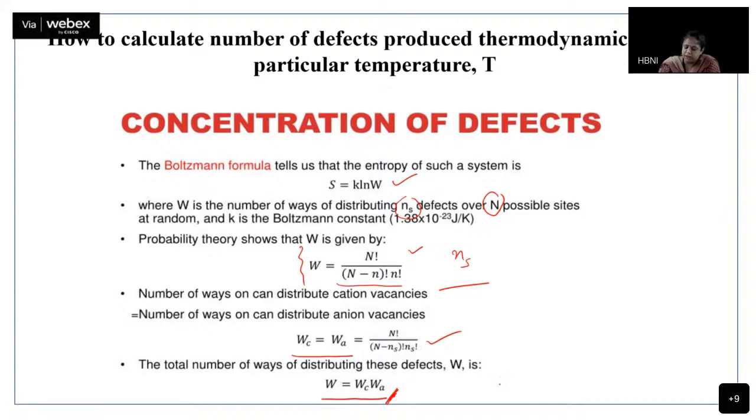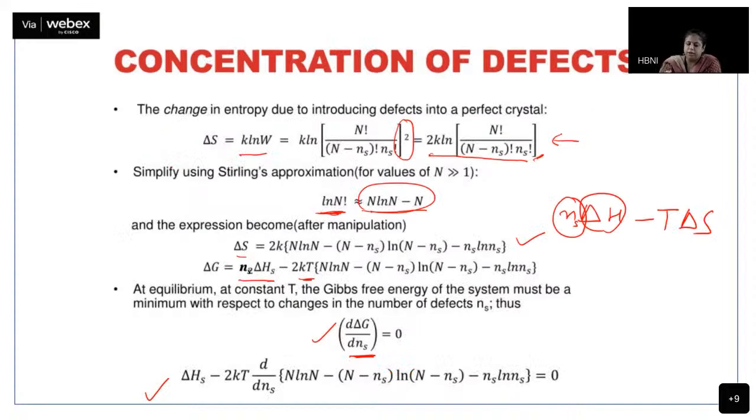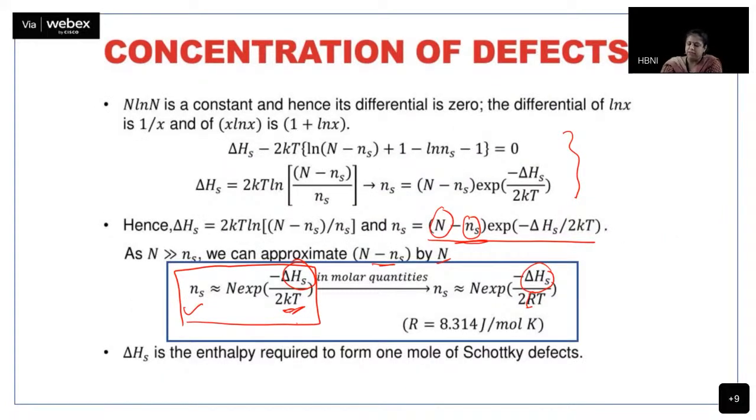So the only thing we will have is W. I will not have a W_C or W_A. In that case, this square will go away, I will not have this 2, and as a result, in the final formula for a vacancy or the interstitial, you will not have this 2. It will be minus delta H_s upon RT. I hope this is clear.